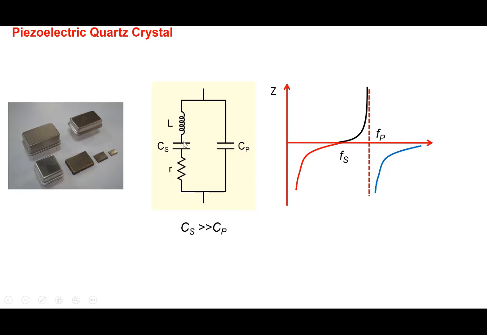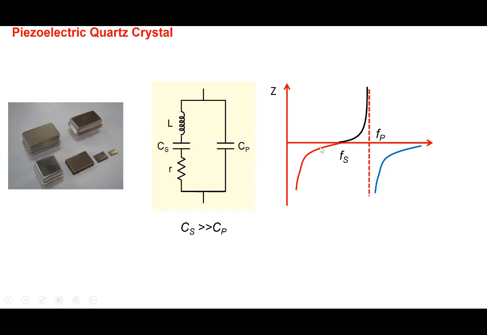Then as you raise the frequency, this part becomes inductive, and very quickly resonance occurs between these two. Then again this part begins to dominate, and the circuit becomes capacitive again.